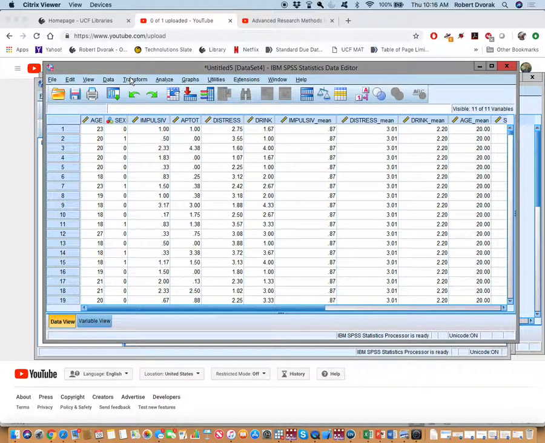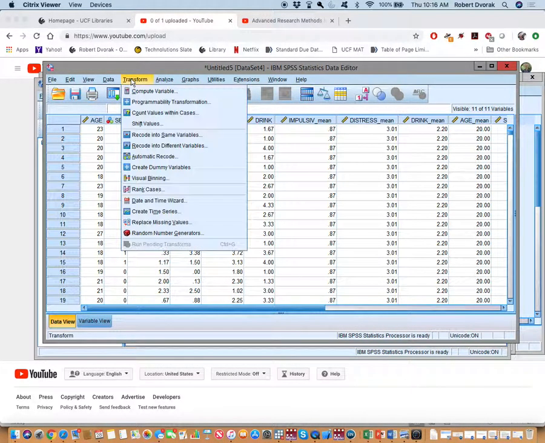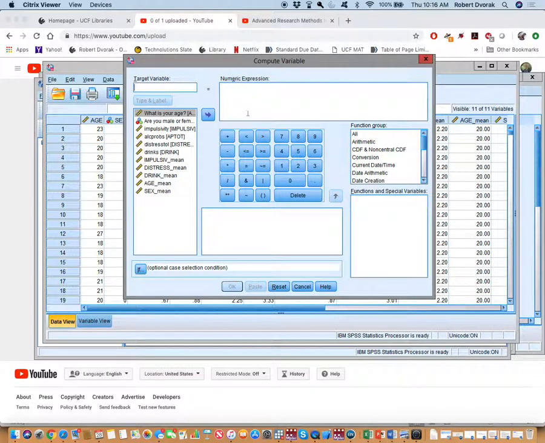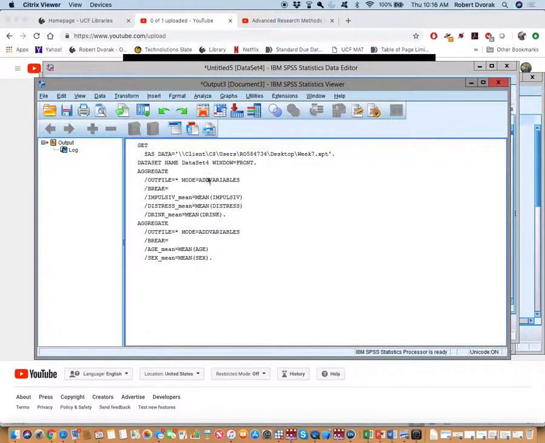Okay, so let's center our variables. Transform, compute. Let's call this C underscore impulsivity, which is impulsivity minus mean impulsivity, right? Hit go.